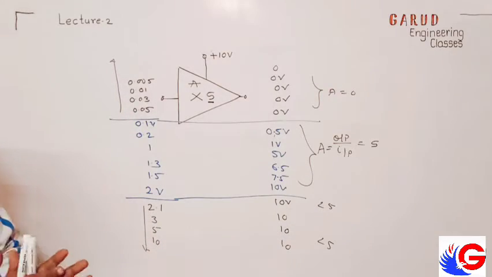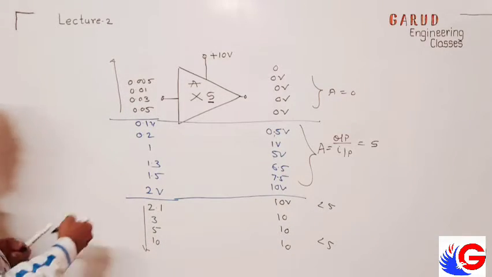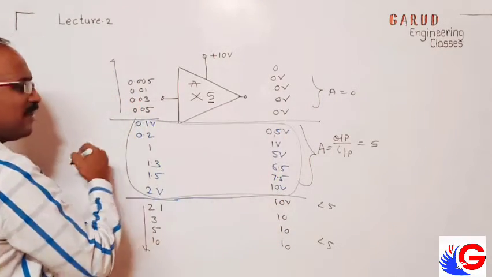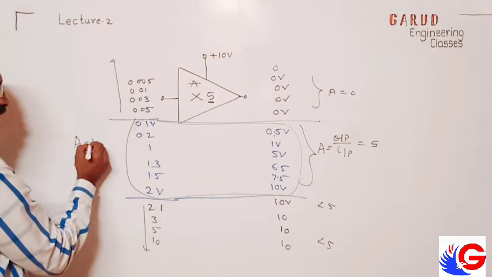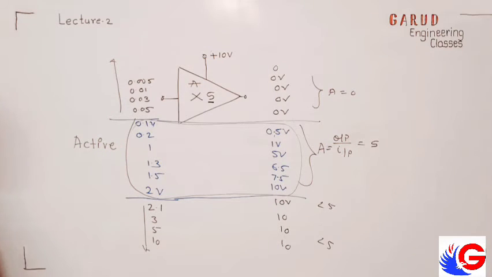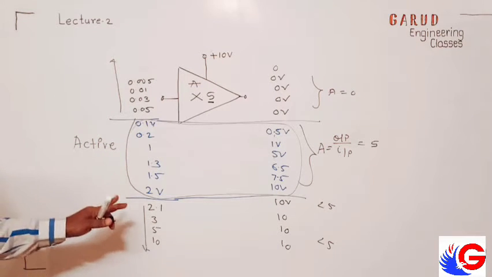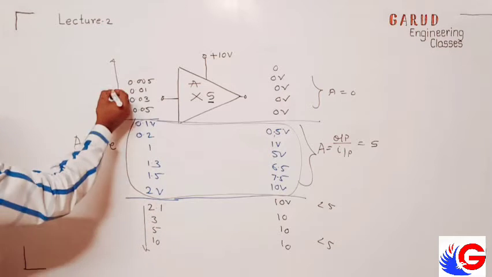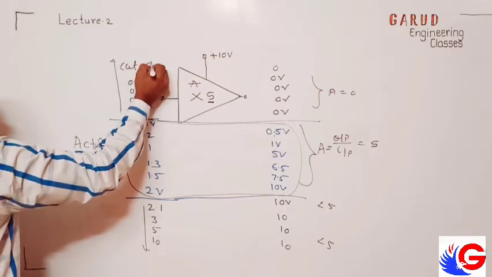So the amplification factor formula is valid in this region only. This region is called the active region, where the amplification factor is valid. This is the cutoff region.